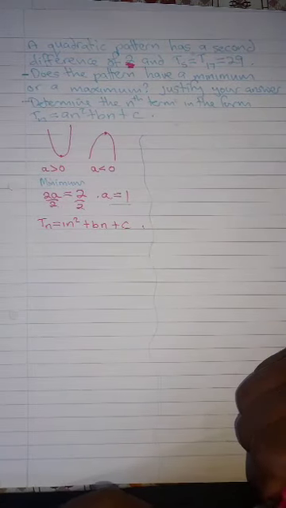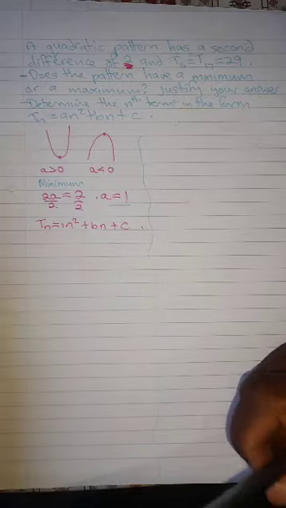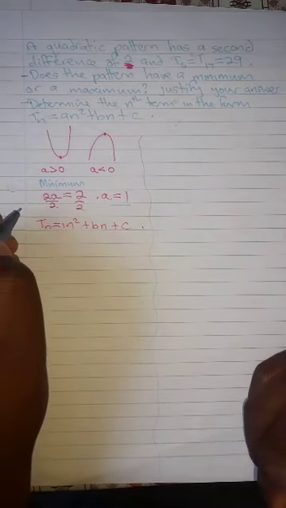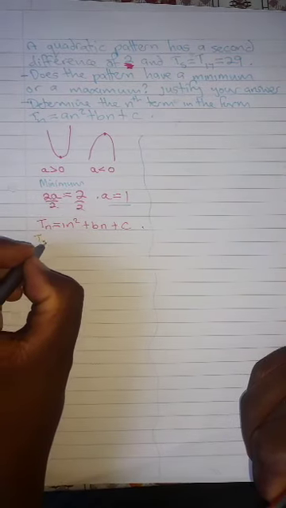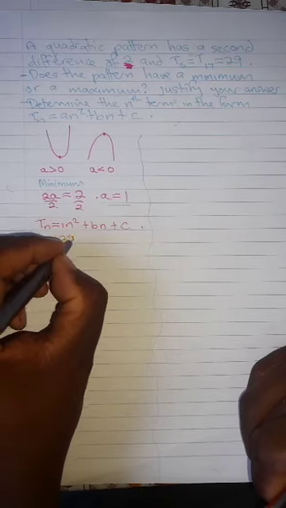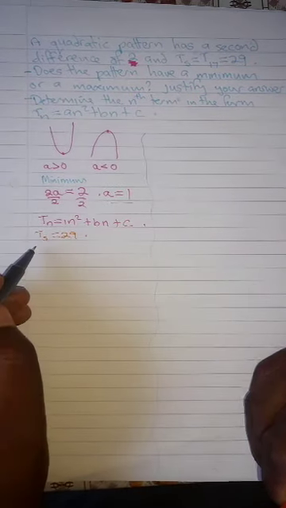The first condition is saying T5 is equal to 29. That is the fifth term.